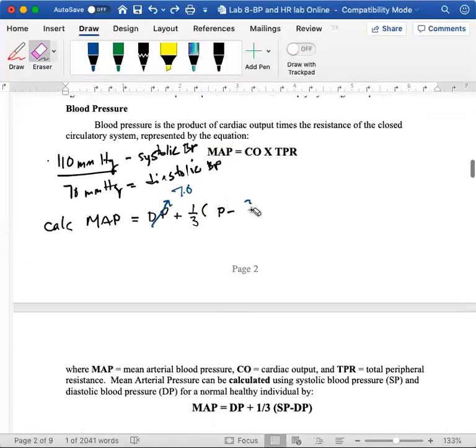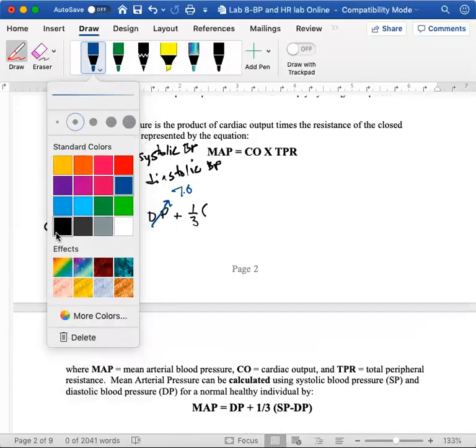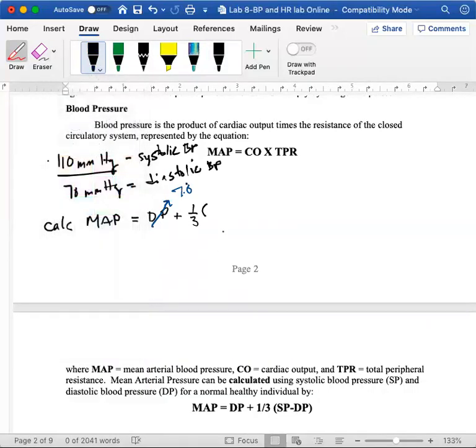Okay, I guess I'll just rewrite it over. Okay, so let's try it again. So it's diastolic pressure plus 1/3 systolic minus diastolic blood pressure.